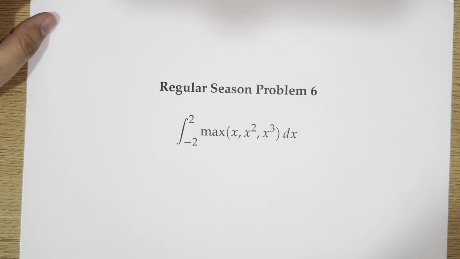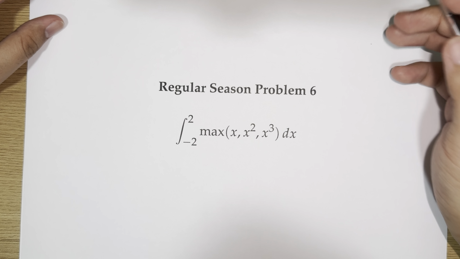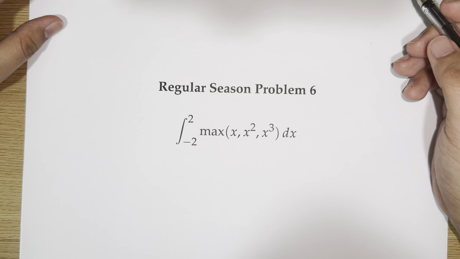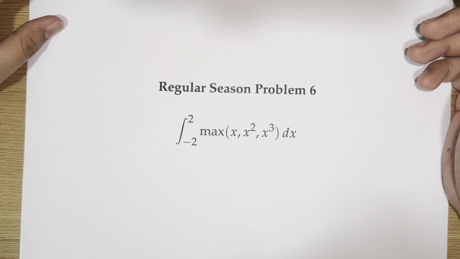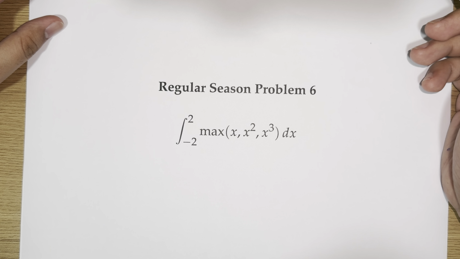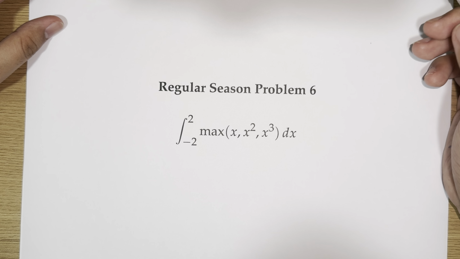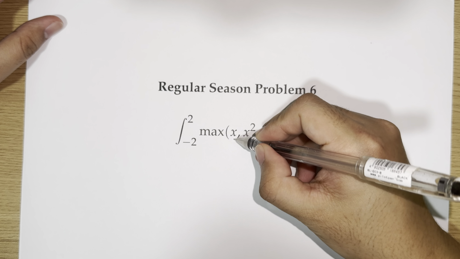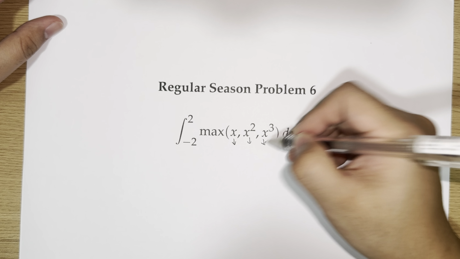Now this one is not a usual function that is discussed in calculus classes. This is what we call the maximum function. So basically it outputs the maximum value of the inputs. So in this case, the inputs are the functions x, x squared, and x cubed.